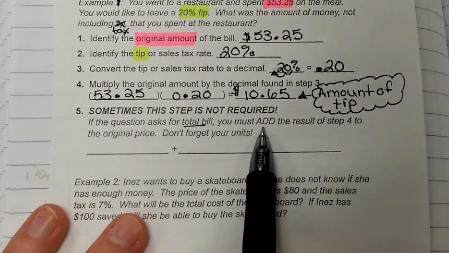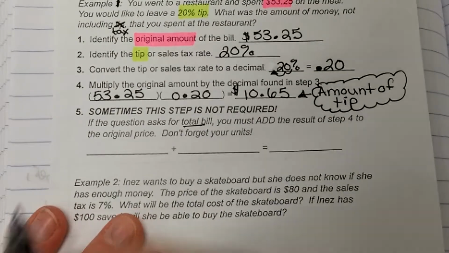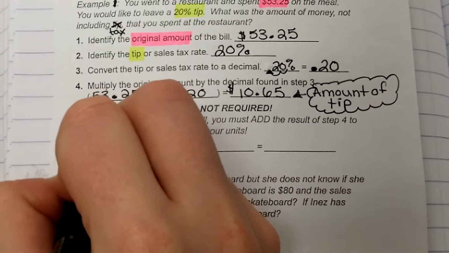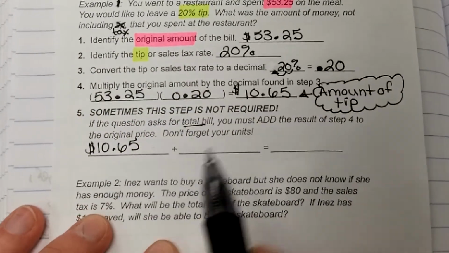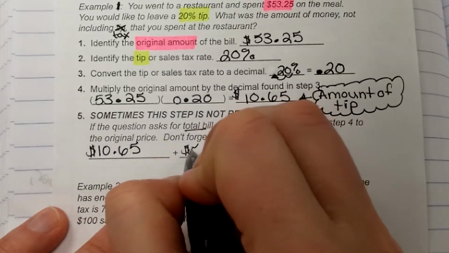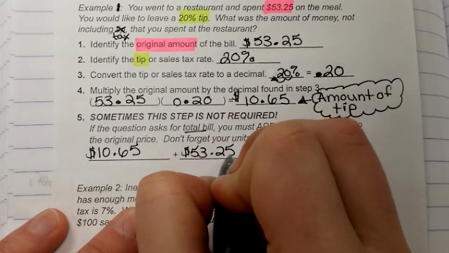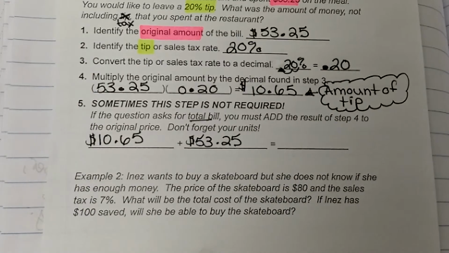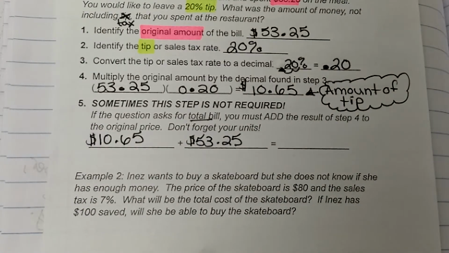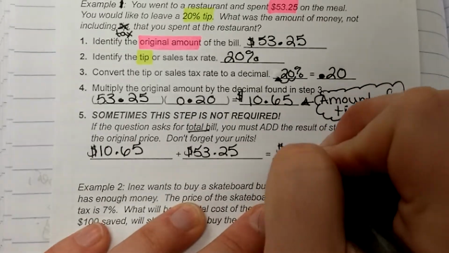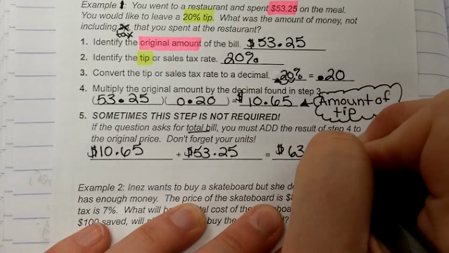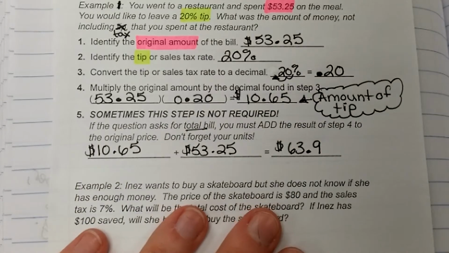However, if we're asking for the total bill, we actually have to add. So we take the result of step 4, so $10.65, and we add that to the original price. So that was $53.25. So $10.65 plus $53.25 gives me 63.9 as reported in the calculator.